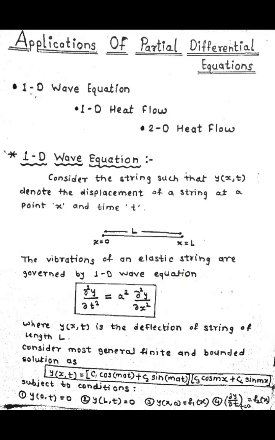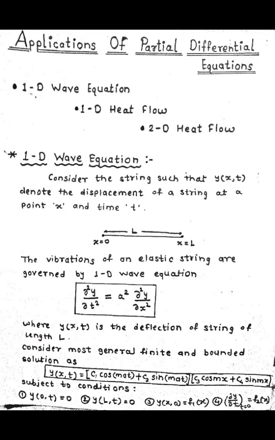∂²y/∂t² = a² ∂²y/∂x², where y(x,t) is the deflection of a string of length L and a is treated as a constant.